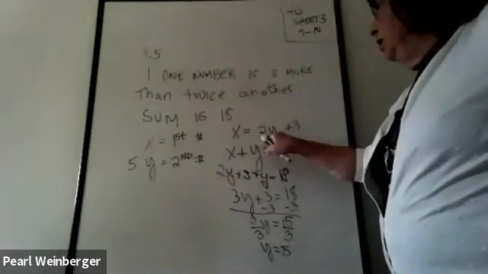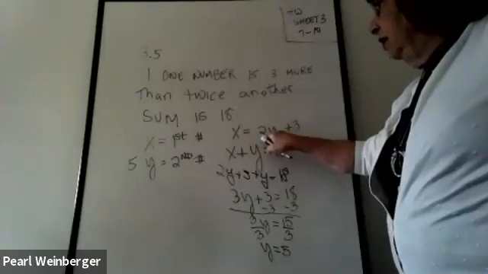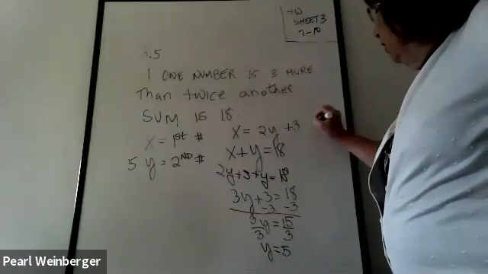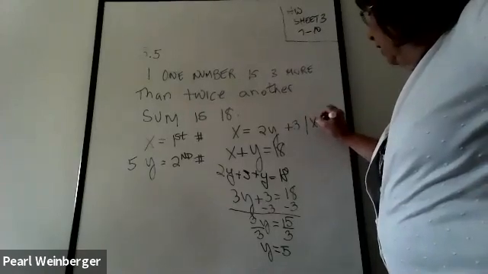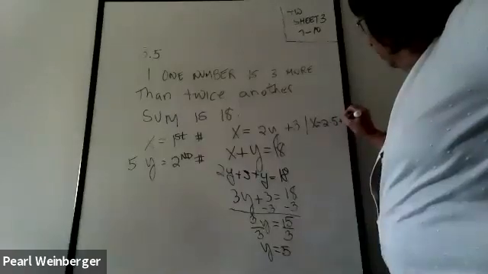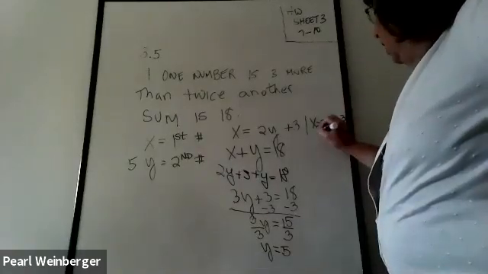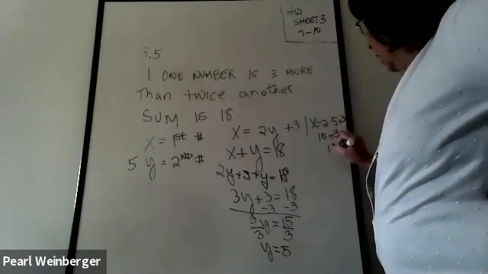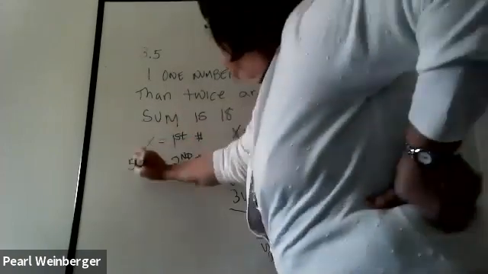Okay, remember that I can figure out the first number by replacing the y with 5. So that'll give me x equals 2 times 5 plus 3, which is 10 plus 3, or 13. And now I figured out what my 2 numbers are.